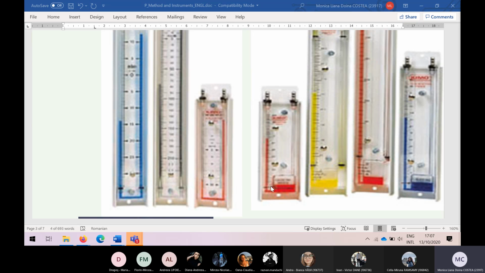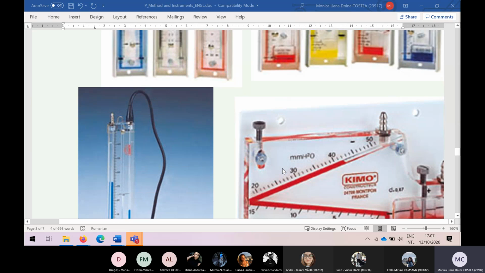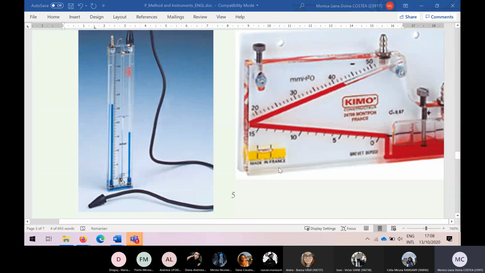Passing to the right, you identify a reservoir and the vertical tube. All these are of the same type, explaining the rise of the liquid in the vertical tube when the pressure is applied to the reservoir or to the tube. And then an instrumented U-tube manometer.